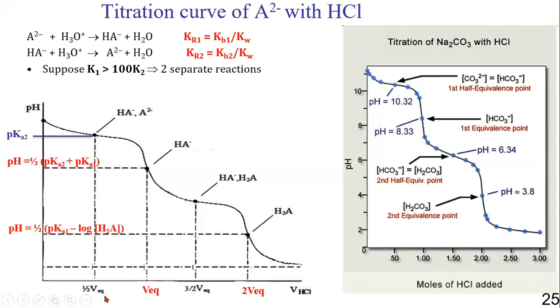What other point is direct, easy to draw? Yes, the 3/2 V equivalence, which is the second half after the equivalence point, another half equivalence after the first equivalence. Okay, and so here, once I have my HA⁻ produced in my solution, more H⁺ is added, and this HA⁻ is becoming H₂A.